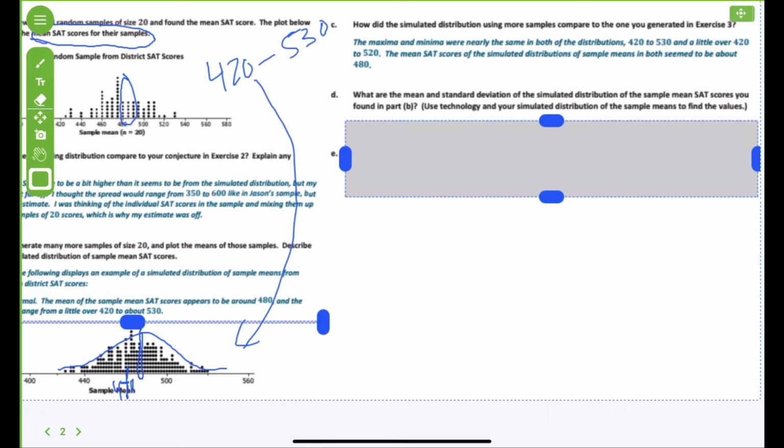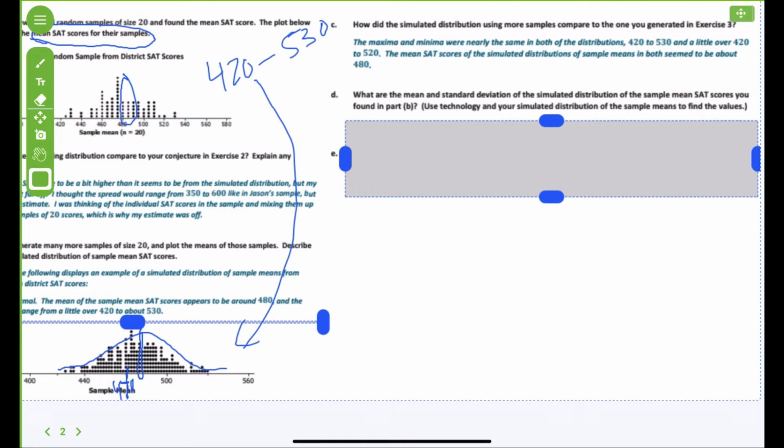All right. What are the mean and standard deviation of the simulated distributions of sample mean SAT scores you found? Use technology and your simulated distribution of the sample means to find the values. So hopefully you know how to do that. Add them all up, divide by the number that you have added up, and that will give you the mean.